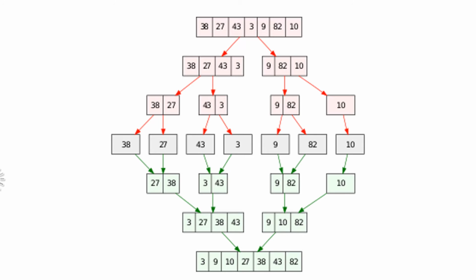We remove 3 from the list and put it into a new list because it's the smallest item, leaving 43 on its own. We then compare 27 to 43 and figure out that 27 is the smallest, then 38 to 43, figure out 38 is the smallest, and then place 43 at the end of the list. We do the same on the other side and then combine the lists together.